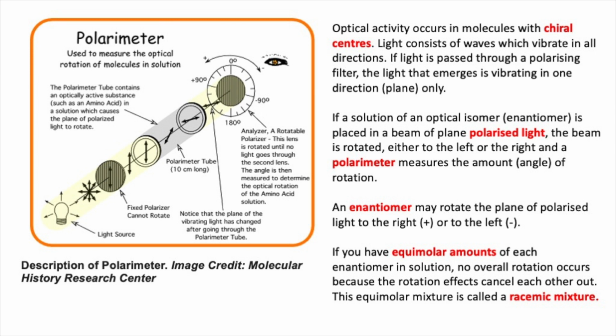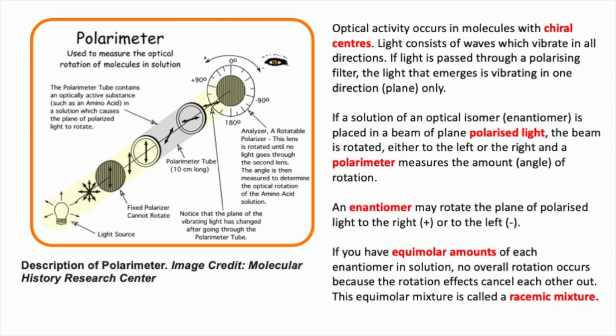Now, an enantiomer can rotate the plane of polarized light either to the right or the left. And if we have an enantiomer that rotates plane polarized light to the right, we say it's the plus form. Now, a way of remembering this is if you're right about something, you're positive about something.